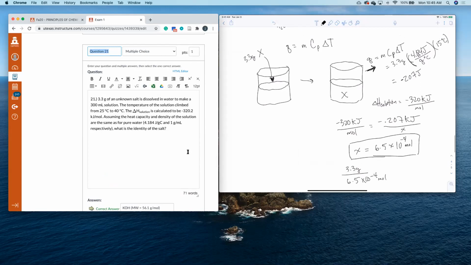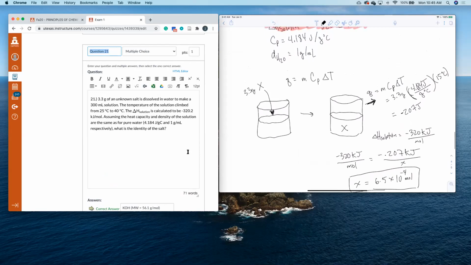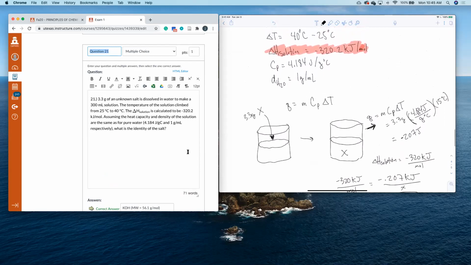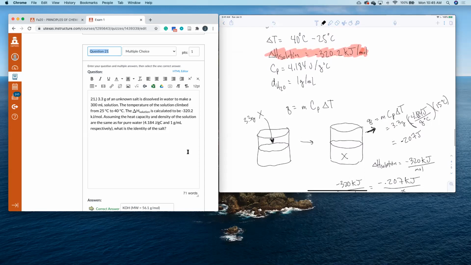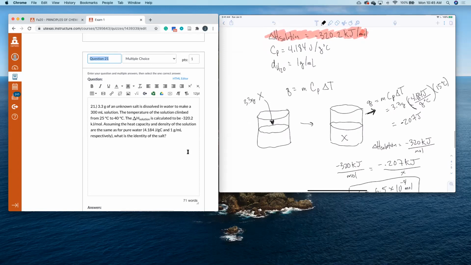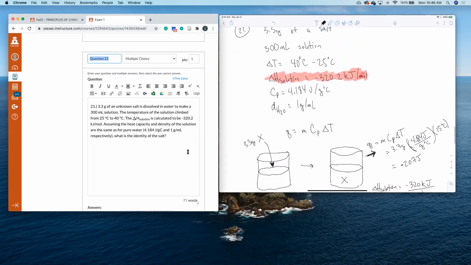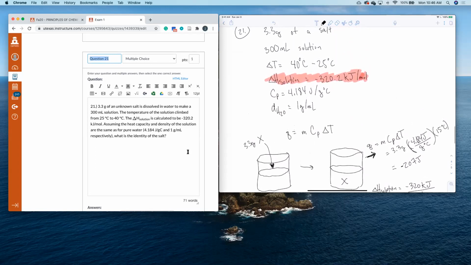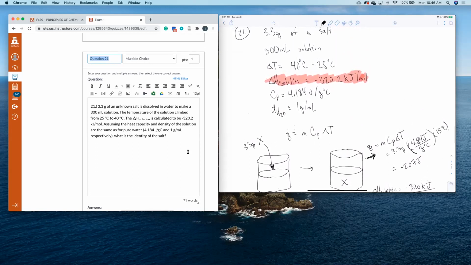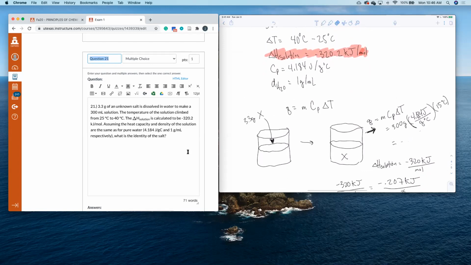Hold on, I made a calculation error somewhere. Oh, I used 3. Oh. Wait. Okay, that explains the problem.